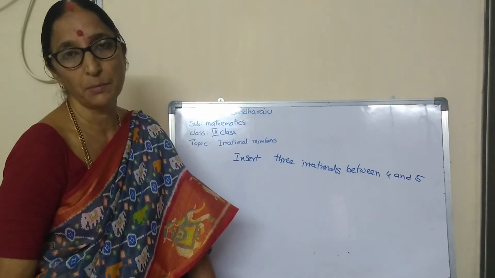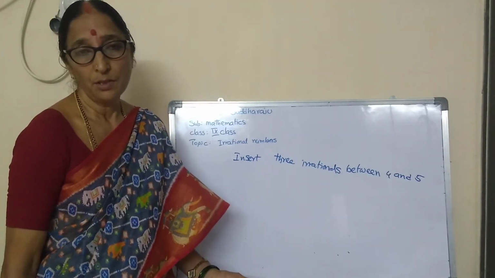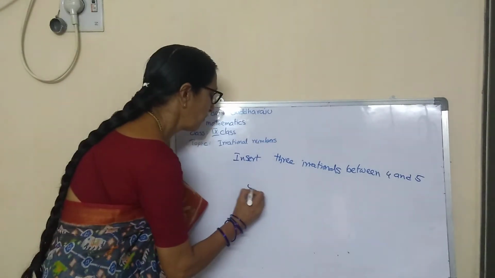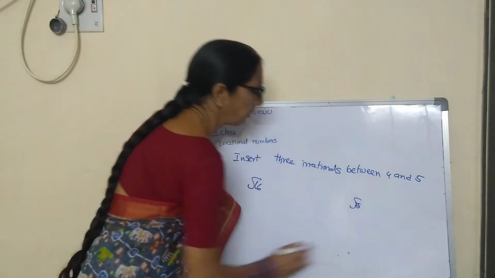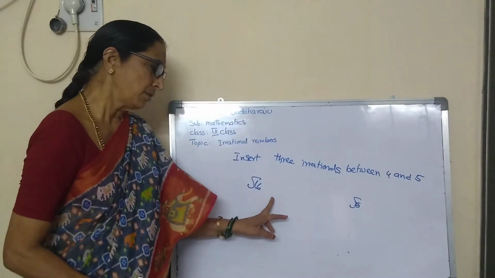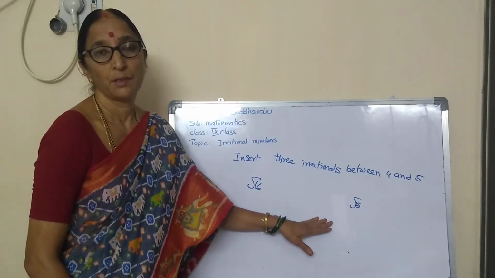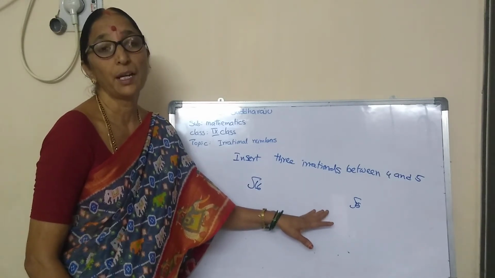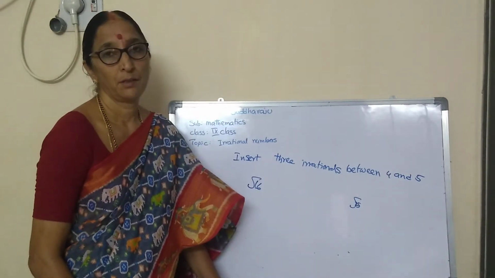You have to remember, 5 is square root of 25. So you can insert between square root of 16 and square root of 25 nine numbers. You can insert 9 irrational numbers between these two numbers.